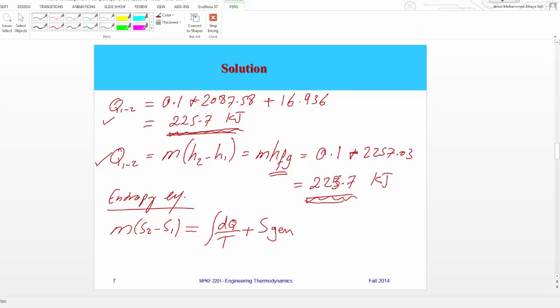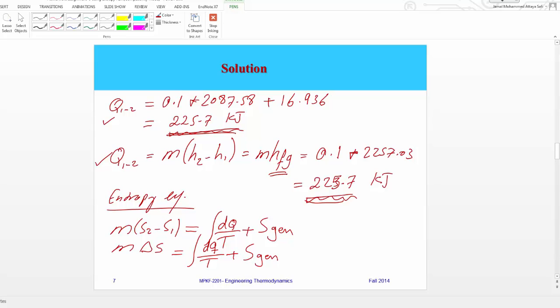Now remember that this is the general form of the entropy equation, which is the mass multiplied by the change in entropy. The mass multiplied by the change in entropy is equal to the integration of dq divided by the temperature plus the generation, or the entropy that had been generated by doing this process.